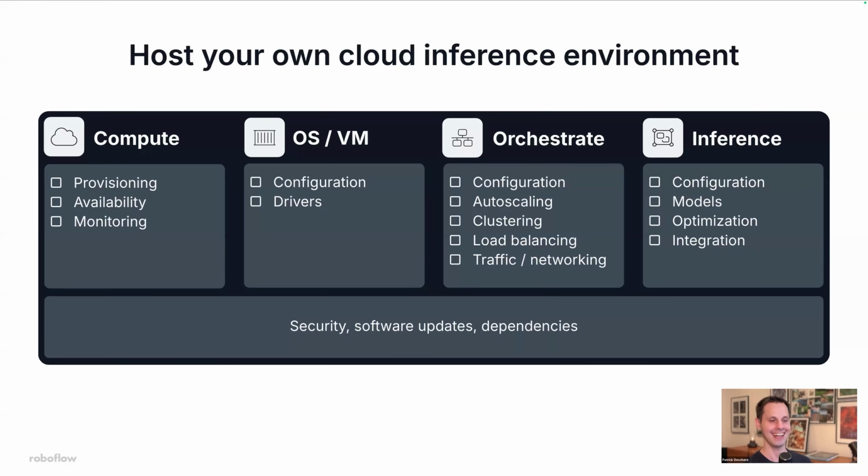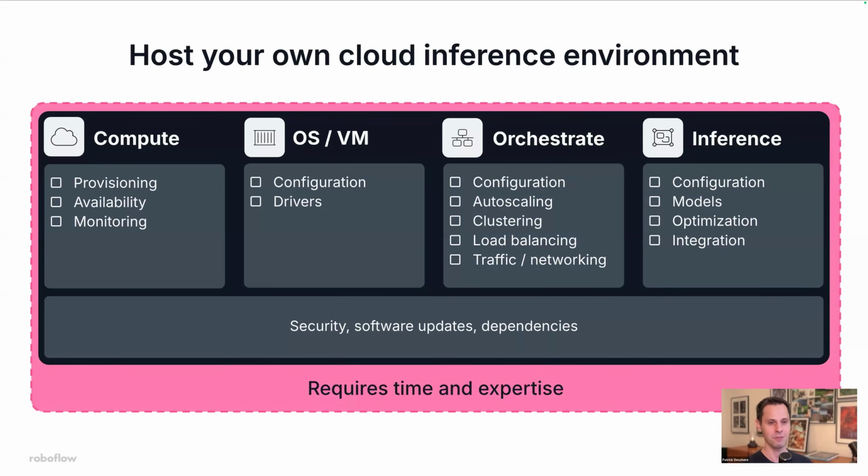That can result in a ballet that you need to coordinate between updates when you can take certain things offline, creating alternative places to run your inference so that you won't need to experience any downtime. Now, as you might guess, this can consume a lot of time, resources, and expertise, and also might not even get you the best results because this solution may not be perfectly optimized for computer vision applications.